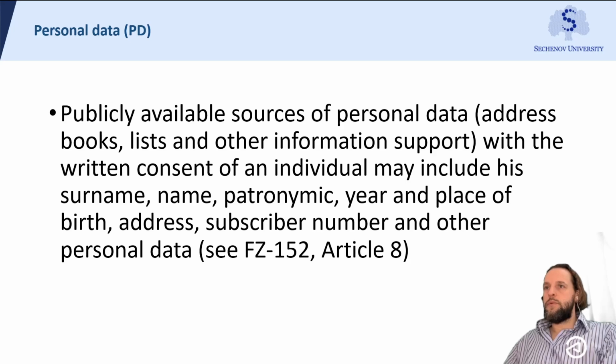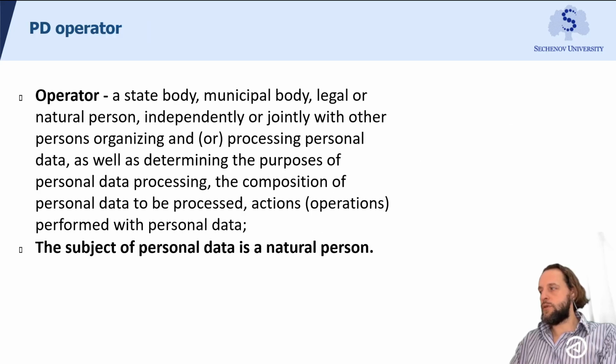Part of personal data will be publicly available. For example, if we have address books or some publicly available lists of persons, we don't need to protect this information which was already published about them.